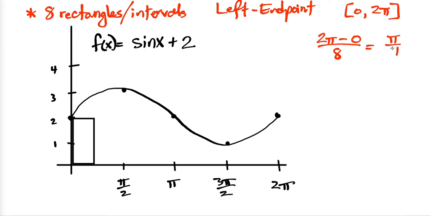In this case, I knew it was going to be pi fourths just from that information. I think a lot of you were able to just look at the picture and know how wide to make it too. But if you're given some information that doesn't fit nicely into your picture, you do b minus a, maybe I'll write that out. B minus a divided by n is how they usually write that. Okay, second.